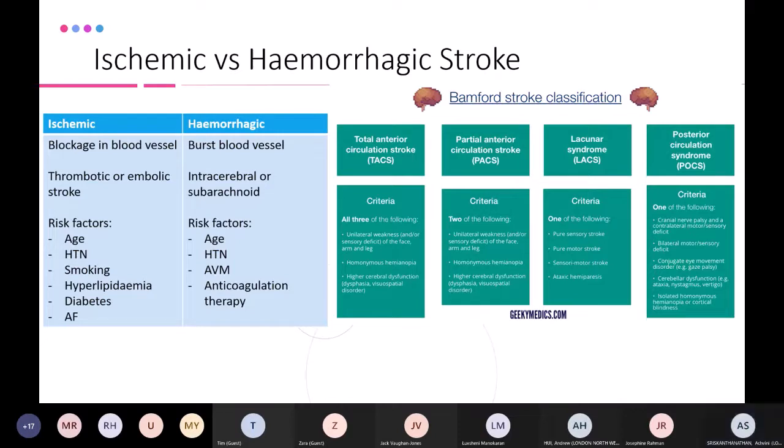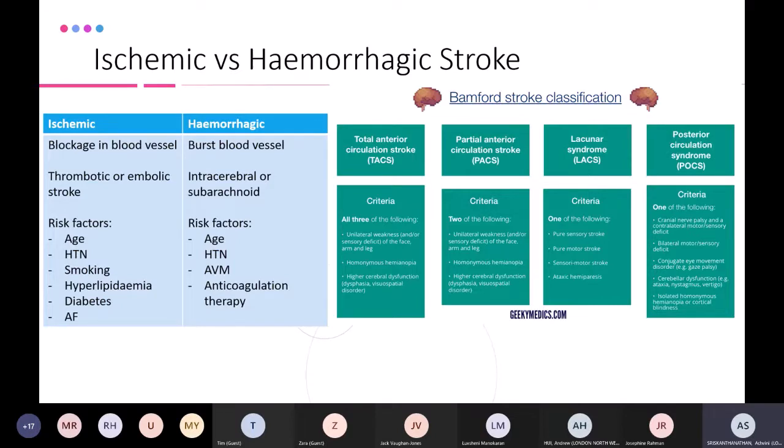You can get homonymous hemianopias and any sort of higher function issues such as dysphasia or visuospatial issues too. So for it to be a TACS, it has to cover all 3 of those criteria. For a PACS, it's just 2 of those.